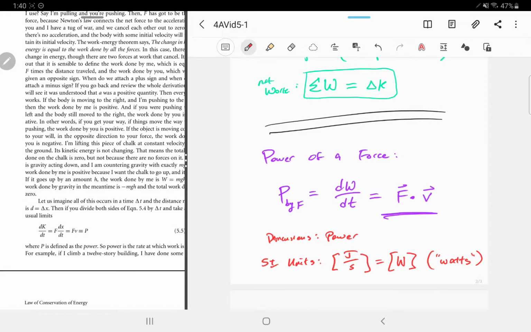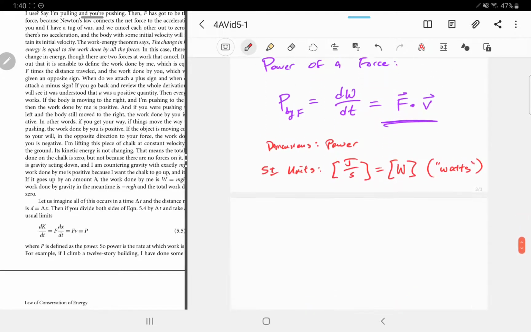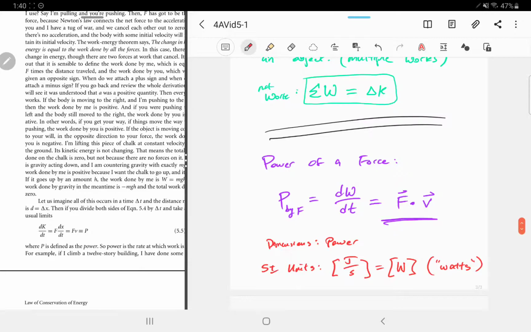Another common unit is horsepower. So 1 horsepower, like for your car's engine, is about 750 watts. I think that's about right. But in this class, we're going to use watts a lot more than horsepower or BTU or anything like that.